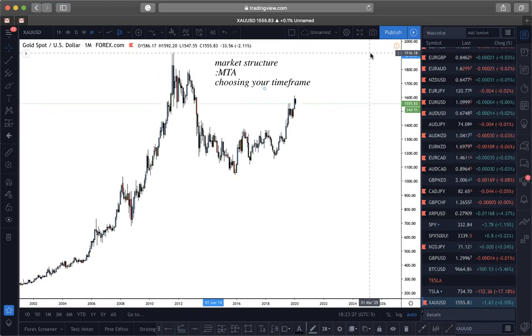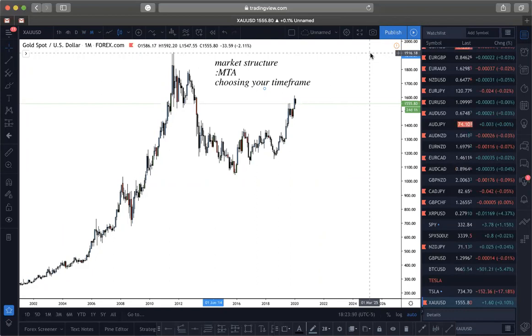Yesterday, we went over market structure, the trends, and knowing which direction the trend is going, if it's up, sideways, or down, bearish, bullish, right? Multiple time frame analysis and market structure go hand in hand.